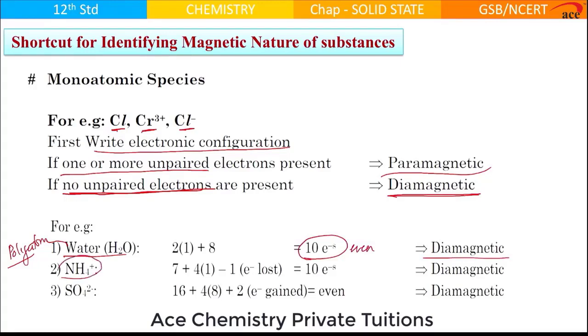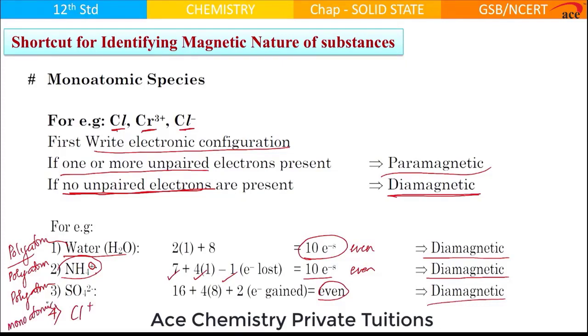Here in this case, count the total number of electrons. Nitrogen has 7, hydrogen has 4, minus 1 because it has lost 1 electron due to the positive charge. The total number of electrons is even because it is a polyatomic species, therefore it is diamagnetic in nature. Similarly, this is also a polyatomic species, and if you count the total number of electrons, it is even, therefore diamagnetic. If you see another example, Cl+, it is a monoatomic species. Write down its electronic configuration as per this rule.